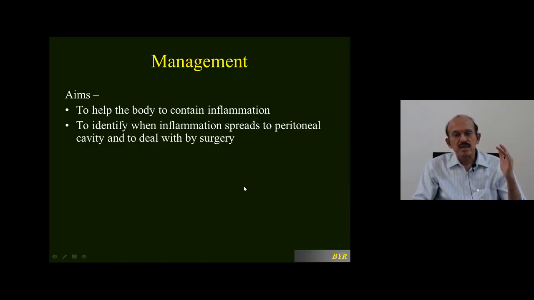If the infection is virulent, our body's defense is not so great to contain it. So the appendicular mass will form, but it will cause spreading peritonitis. So your second aim in the management will be to check for any sign of spreading peritonitis. When spreading peritonitis is there, what does it mean? The body's defense mechanisms are not adequate to contain the infection. So you must do some surgical intervention in those cases.